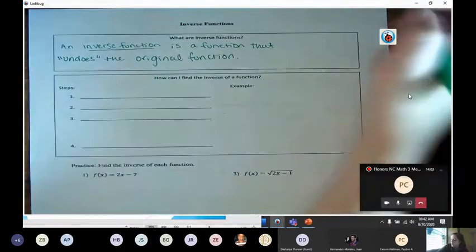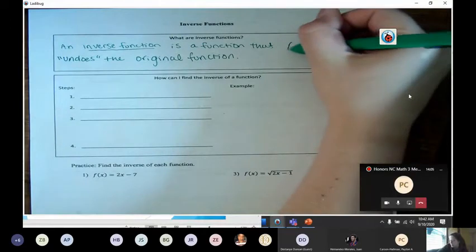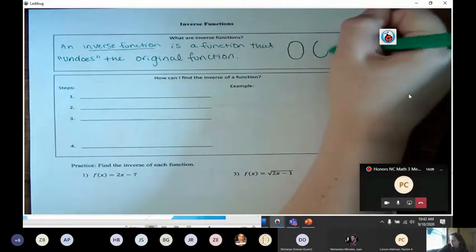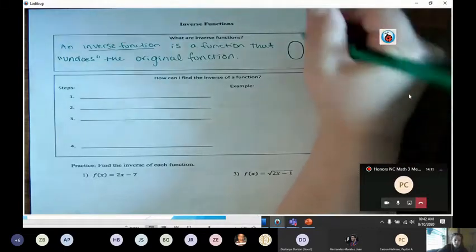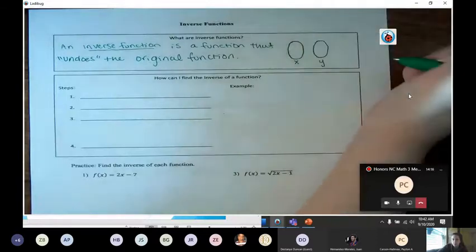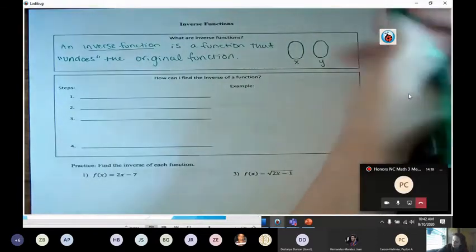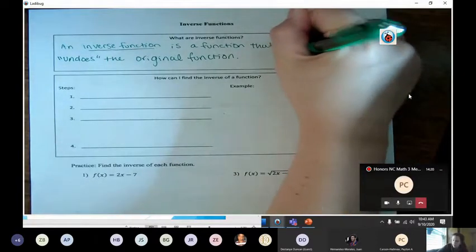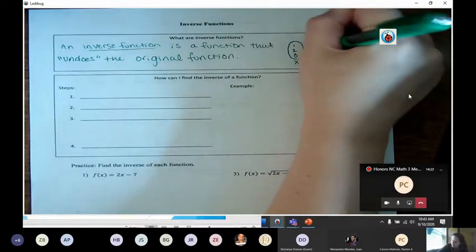So if I drew out a function map, like we talked about at the beginning, we have x's and we have y's. Maybe I have the numbers 1, 2, and 3, and then 4, 5, and 6.